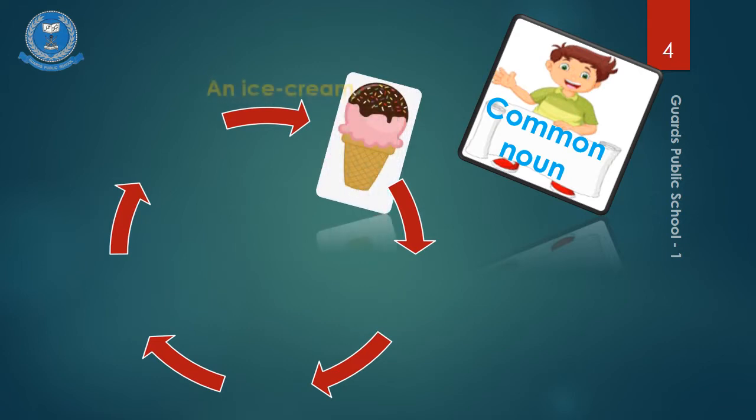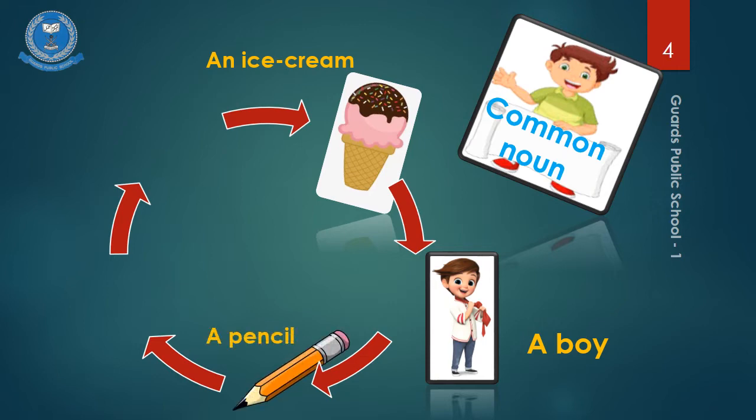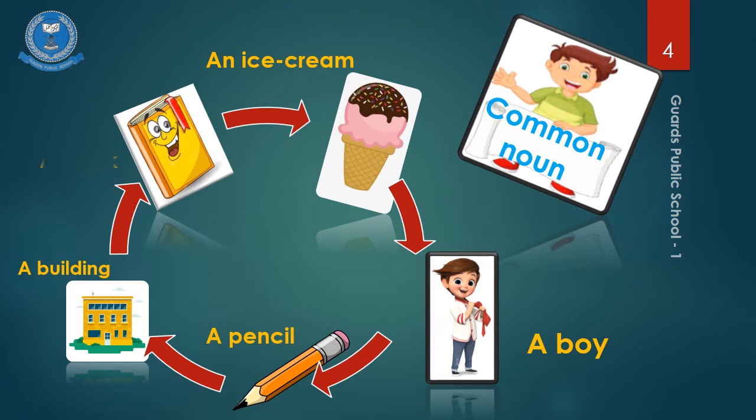Yes, this is an ice cream. And now, who is he? He's a boy. This is a pencil, a building, and this is a book.